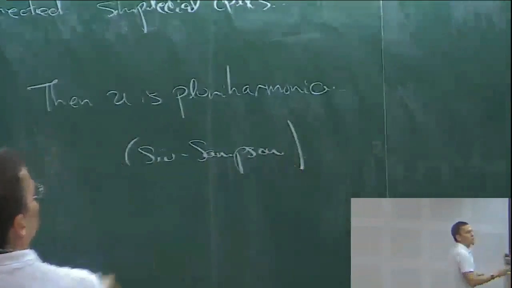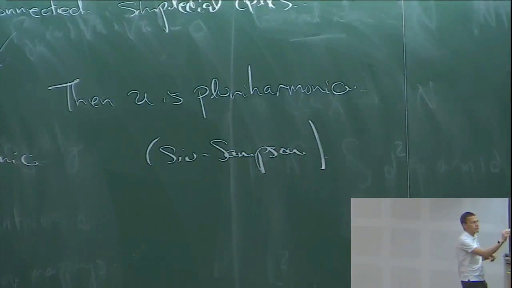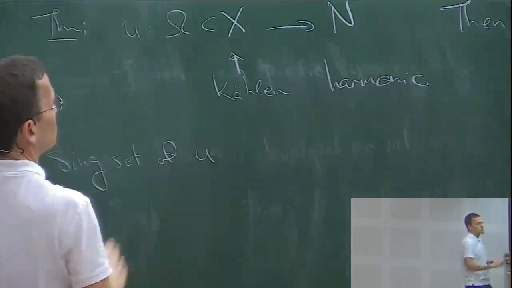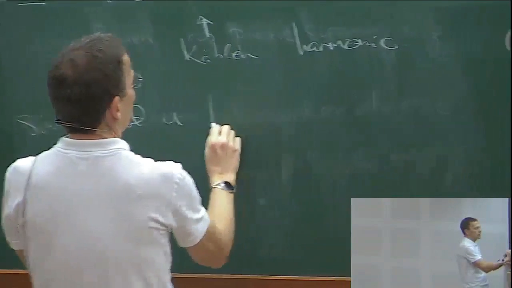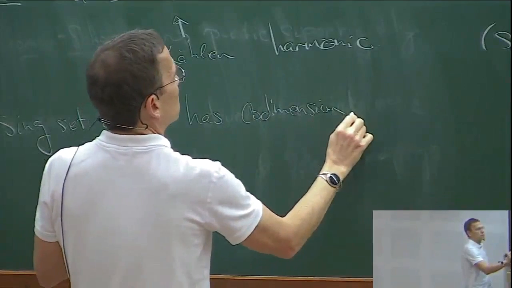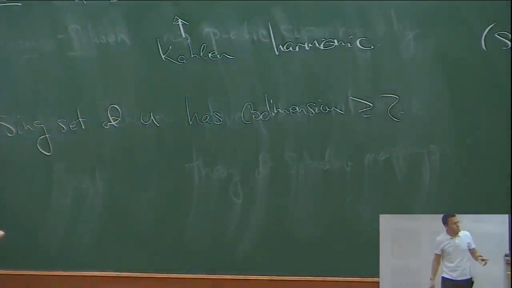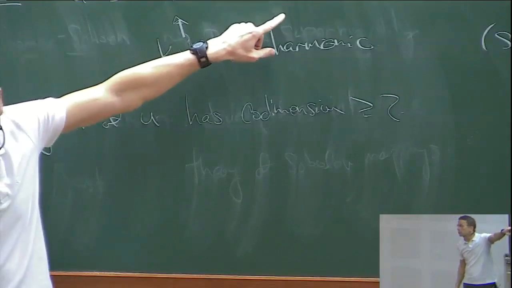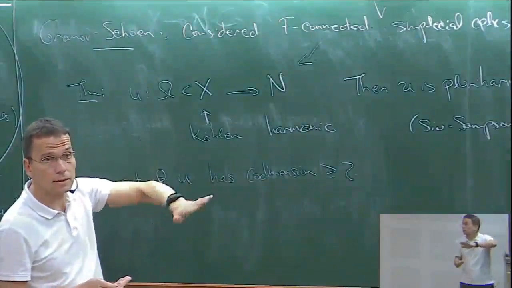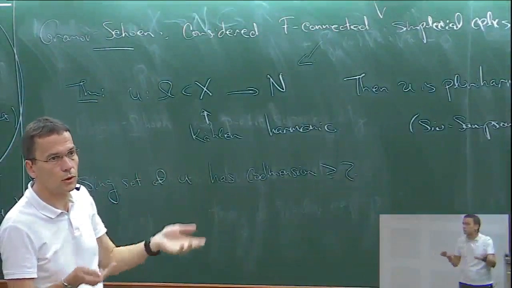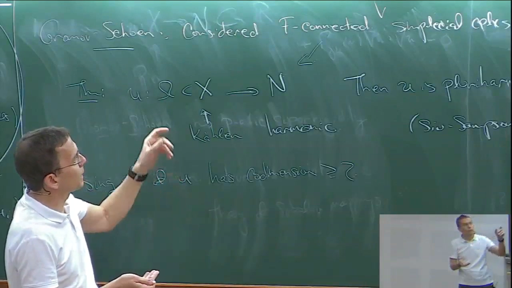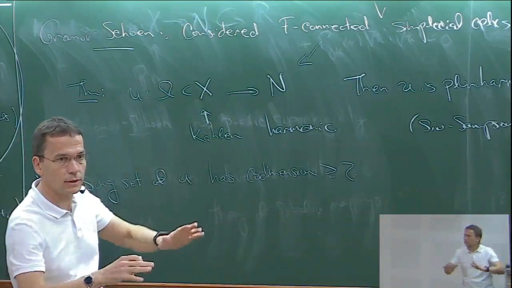Of course, before I said that, I should have said something about the singularities. The singular set of U has codimension at least 2. What do I mean by the singular set? Well, N is a simplicial complex. If I'm mapping a portion of omega into a face, then that's just Euclidean space, it's just a usual harmonic map, and you expect that to be smooth. But you might worry about what happens when you go over edges and vertices.